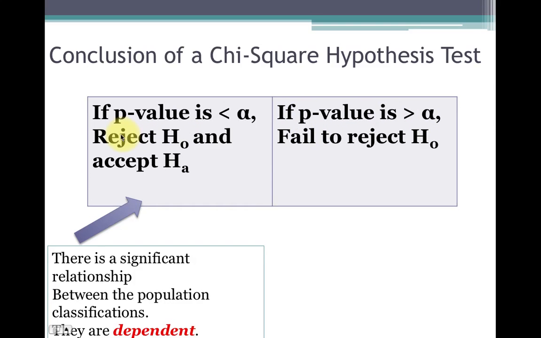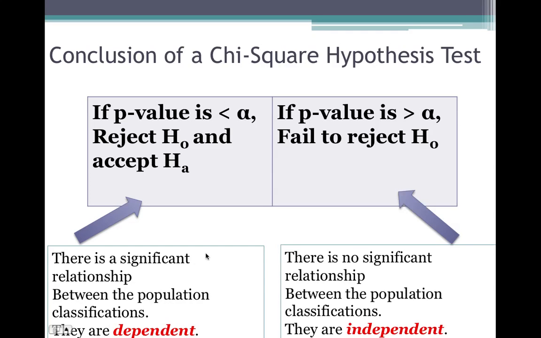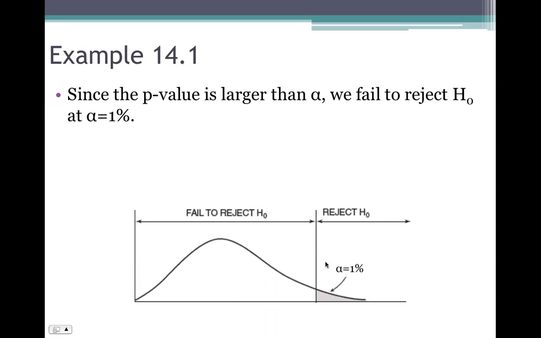The meaning of rejecting the null hypothesis means that you found a significant relationship between the population classifications and that they are dependent. And the meaning of failing to reject the null hypothesis means that there's no significant relationship between the population classifications and they are independent. So what this means, p-value is greater than alpha, fail to reject the null hypothesis, it means our classifications are independent.